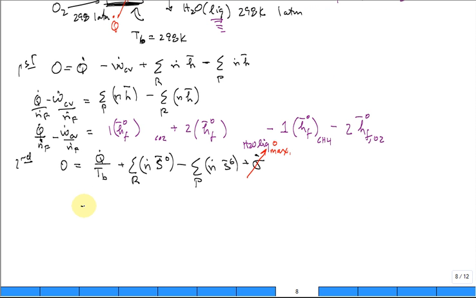So we're going to have the Q dot divided by N dot F divided by TB plus the sum of the coefficient S bar naught.